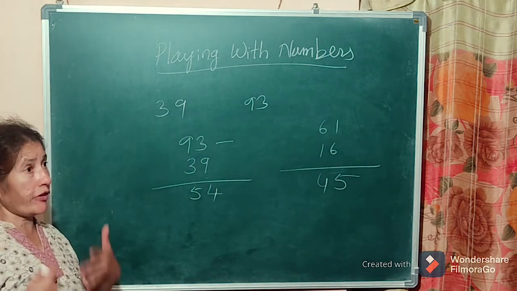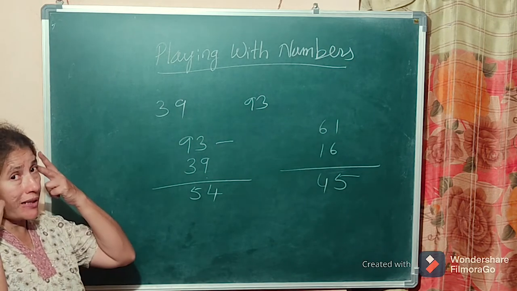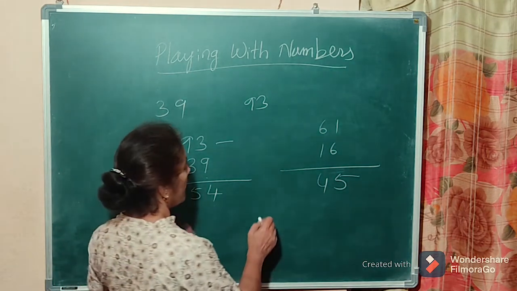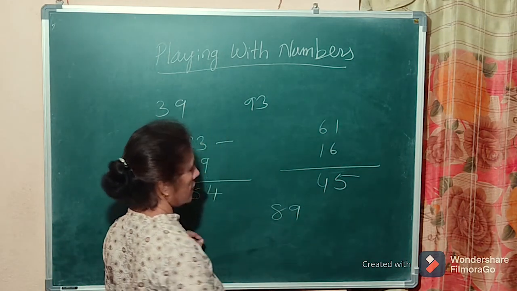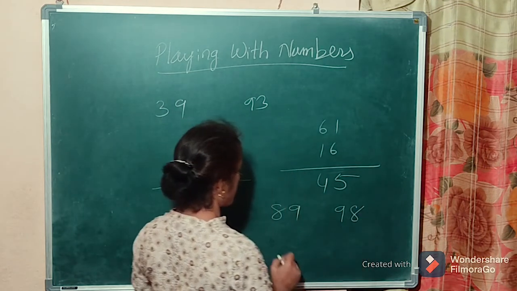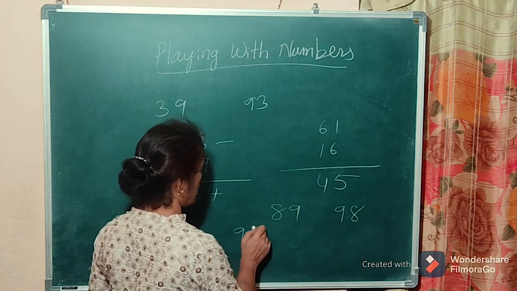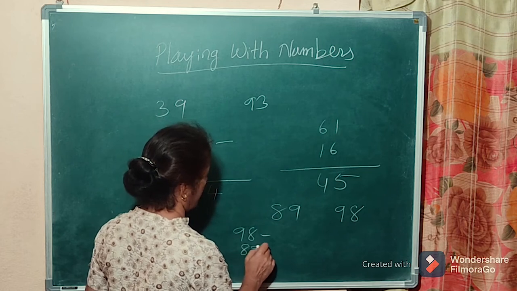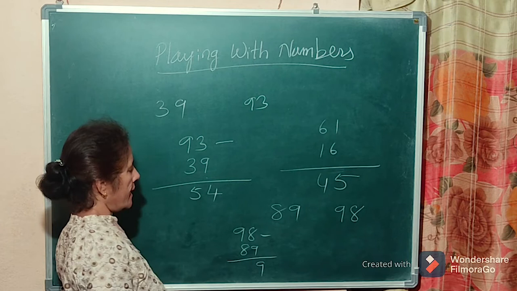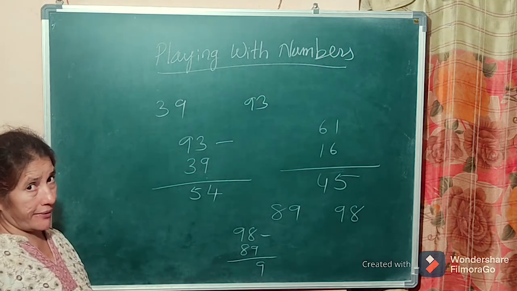I'll give you one more, then you will have a little better understanding. I think of a number 89. When you reverse the digits, 98. The bigger number is 98. 98 minus 89. 18 minus 9 is 9. So 98 minus 89 is 9.